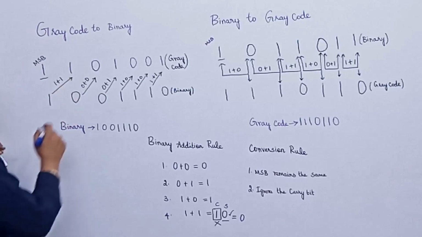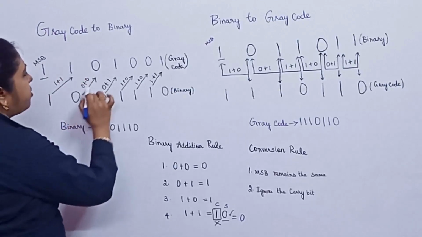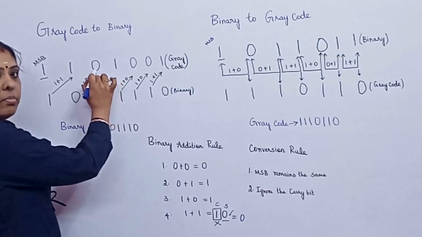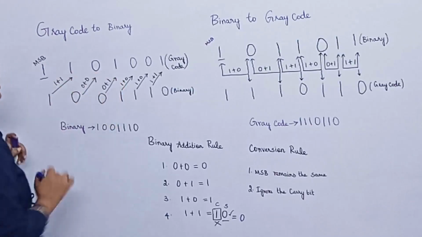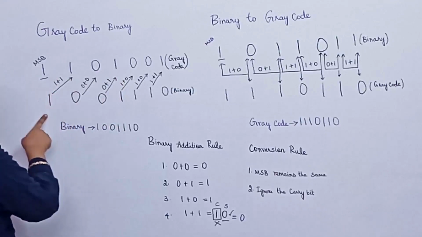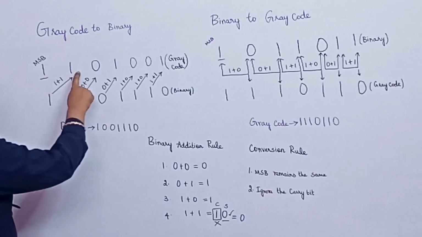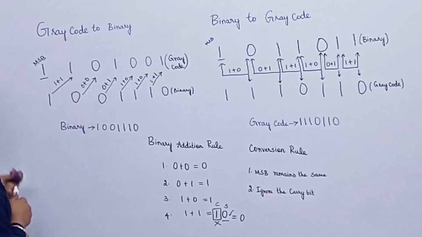Similarly, after getting the answer, again the resultant binary bit has to be added to the next bit of the gray code. So the first MSB 1 is repeated and written here, and then the next bit we are going to add.